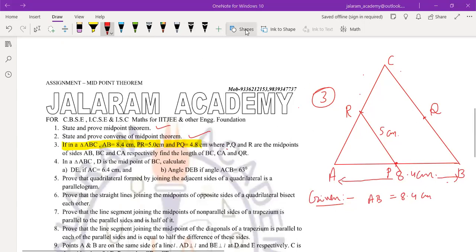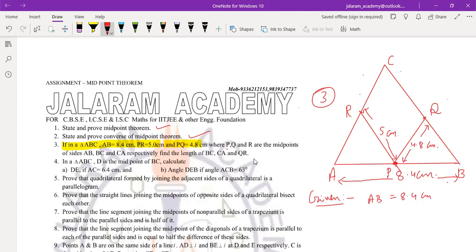So join P and Q also. So this PQ is 4.8 centimeter. Always draw using pencil and scale only, and mark the distances using these types of arrows if possible.